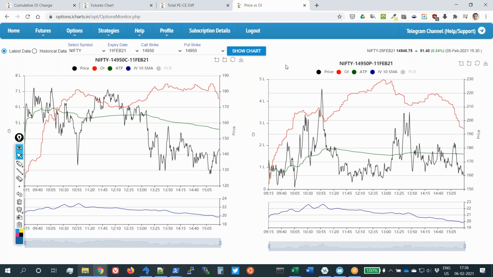Another complication is that we do not have historical Greek intraday data. We have end of the day Greeks, but we don't have intraday minute to minute Greeks. So we will be building that historical data, and then we need to enable it in the tools. We need to build tools for doing that. So a plan is there.